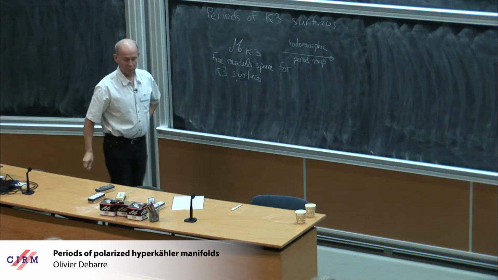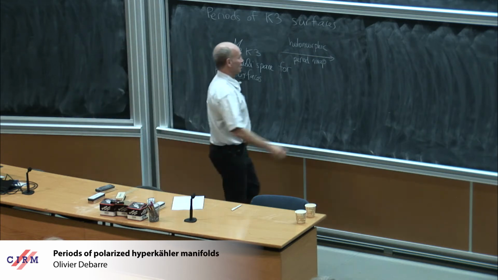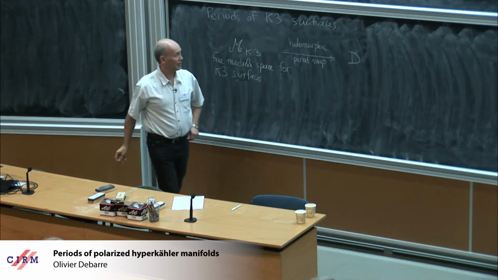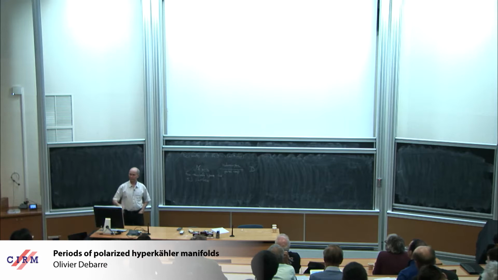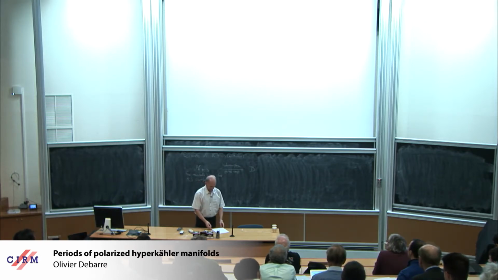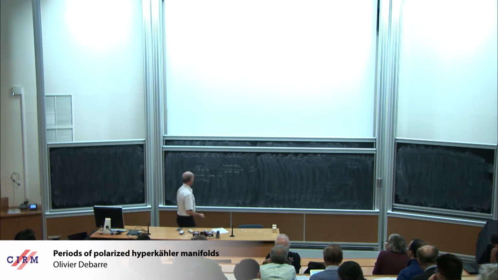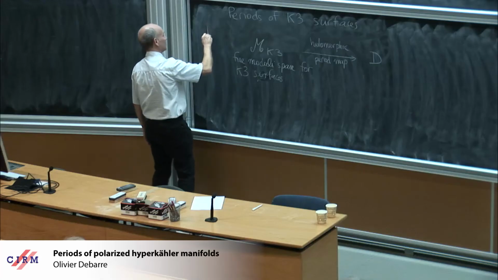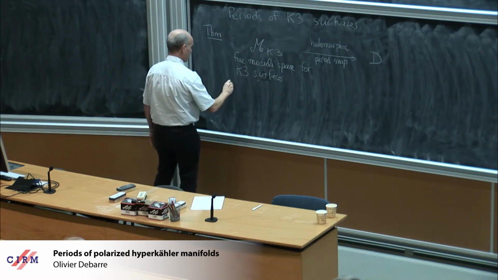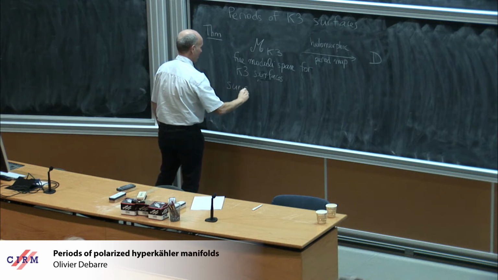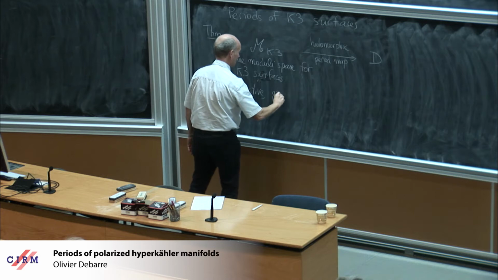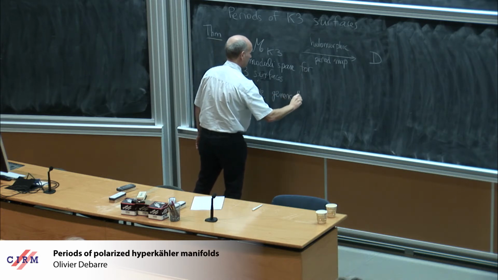which lands into a period domain, which was called, I think, D this morning. Okay, so it's some open subset in a quadric in a projective space. It was also present in Bruno's talk. And so this map is, maybe I should call that a theorem, this map is surjective, and generically injective.